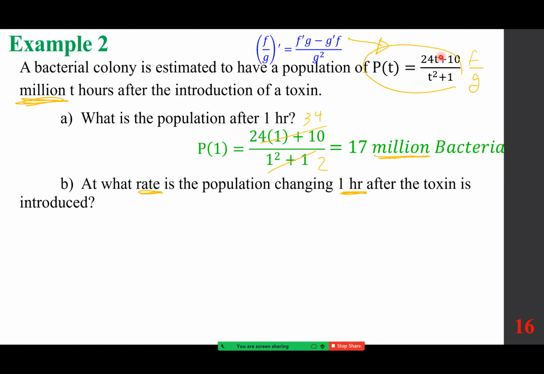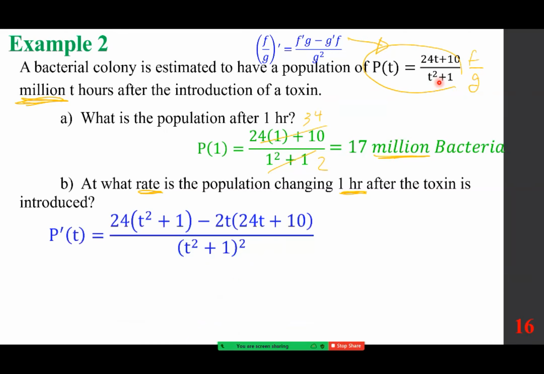So I want p prime of t. The top gives us 24 times t squared plus 1, minus the bottom, 2t, times the top, 24t plus 10, over the bottom squared. That is p prime of t.